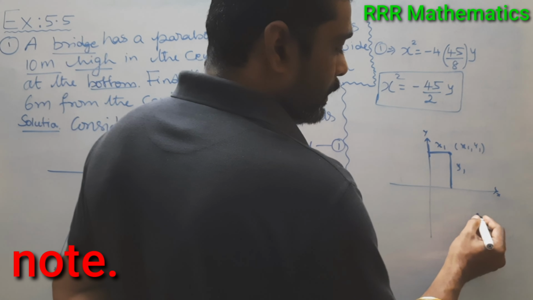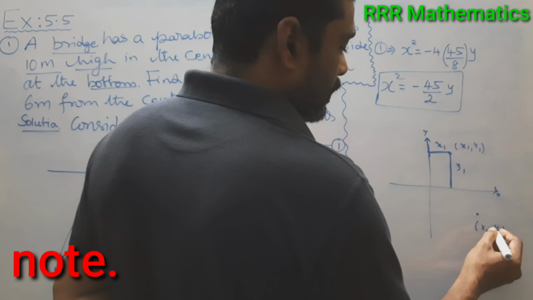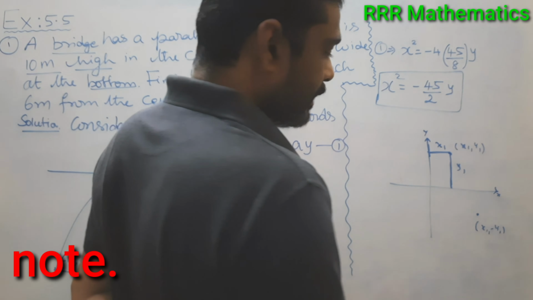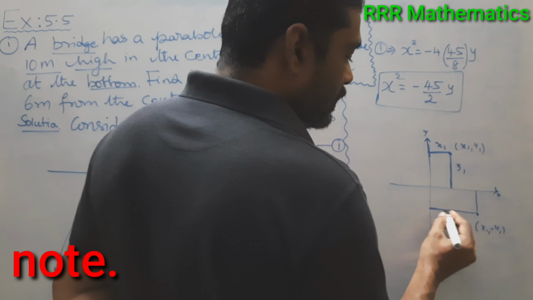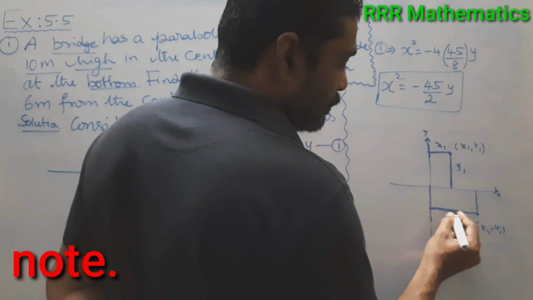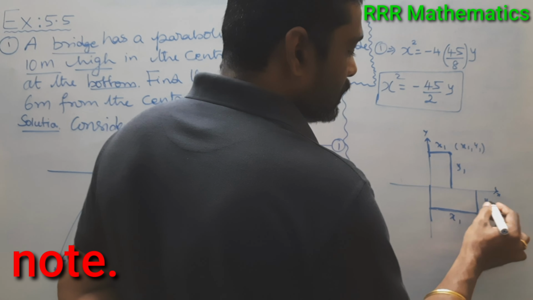If you choose some point here, it will be x1 comma y1. Because of fourth quadrant, the y1 coordinate will be negative. This horizontal distance is defined from the y-axis. From the y-axis it moved this much, this is x1. From the x-axis it moved this much, this is y1.